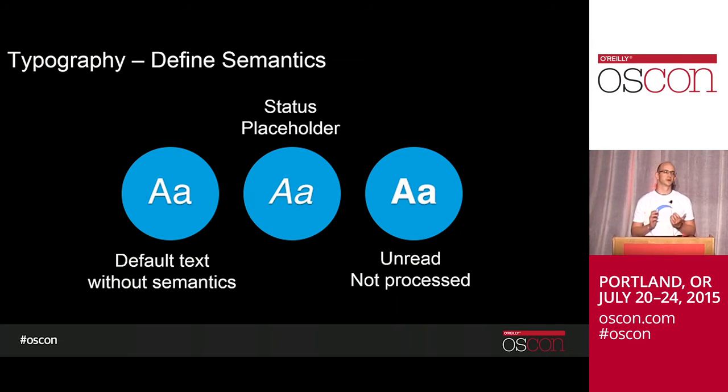Normal text is more descriptive information text, and then you have, for example, an italic, brighter text that represents a status or a placeholder text. And you might want to define a bold or more striking font style for unread, unprocessed items. So you also use typography in a semantic way to distinguish between the most important elements of the UI. Right, that's it for the design challenges.